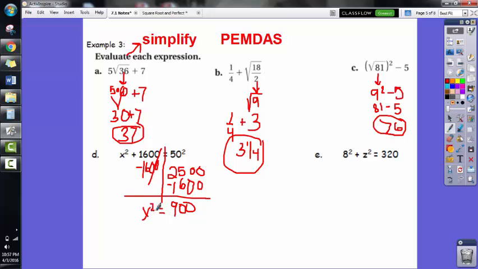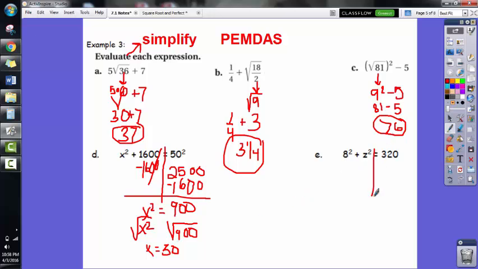Okay, x squared is 900, so now you have to figure out what just x is. So if you take the square root of x squared and the square root of 900, then x equals 30, because that is the square root of 900.